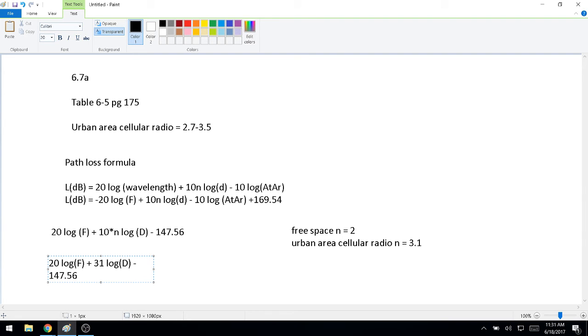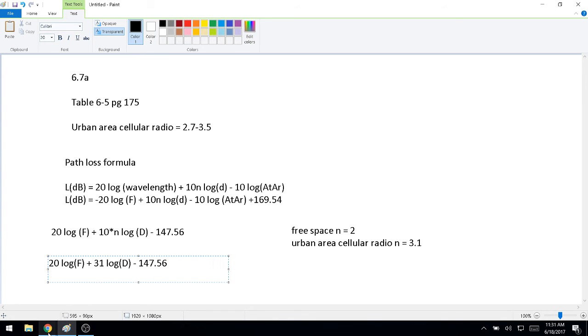And so that's our distinction that we're using for this problem, is that we've been told that our path loss formula is different. But that's the only change we have to make.